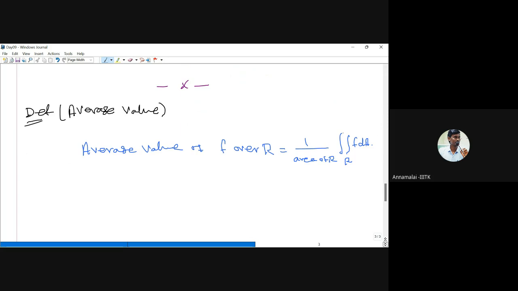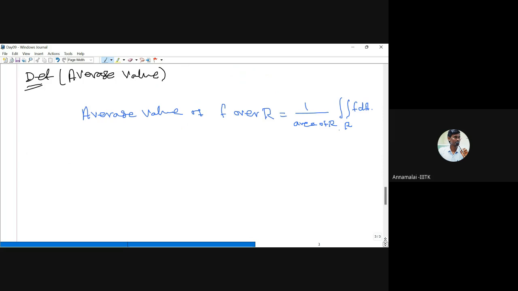Okay, maybe we can solve one problem to find the average value of the function over the region R. So first you have to find the area, and then you have to find the integral of f separately, and then you have to multiply.